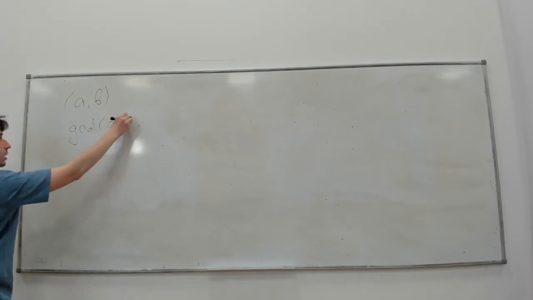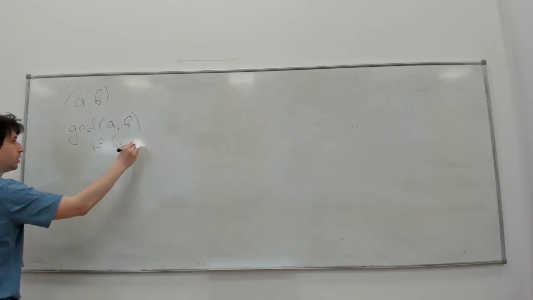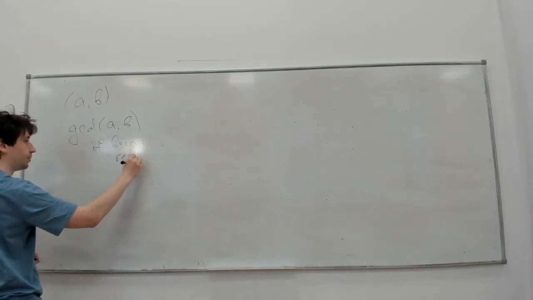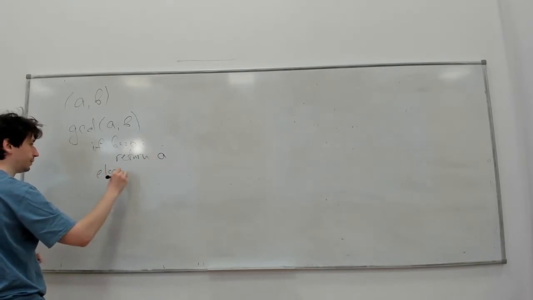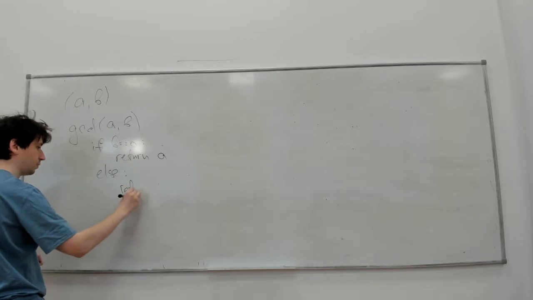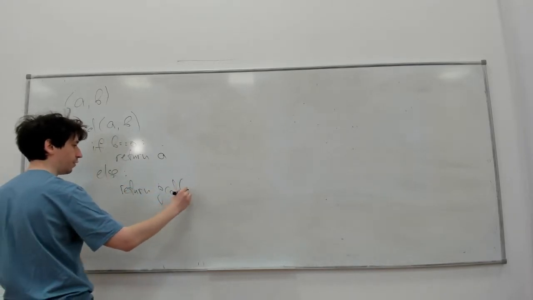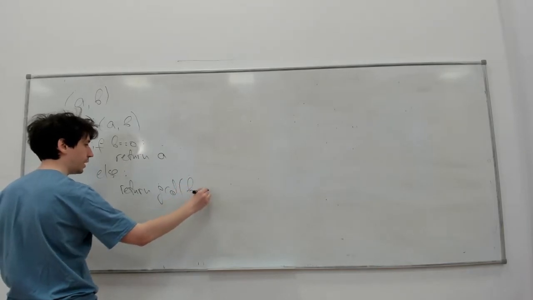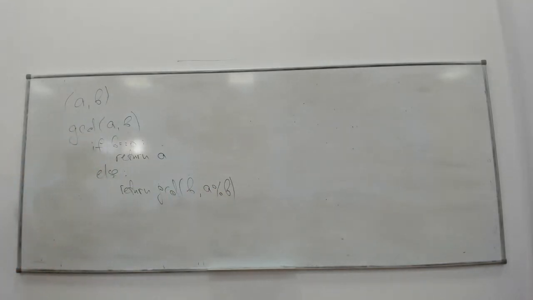The algorithm is quite simple, so I will write it right now and then explain how it works. If B equals 0, then return A, else return GCD of B and A modulo B. Here is the algorithm, we just pass two numbers.